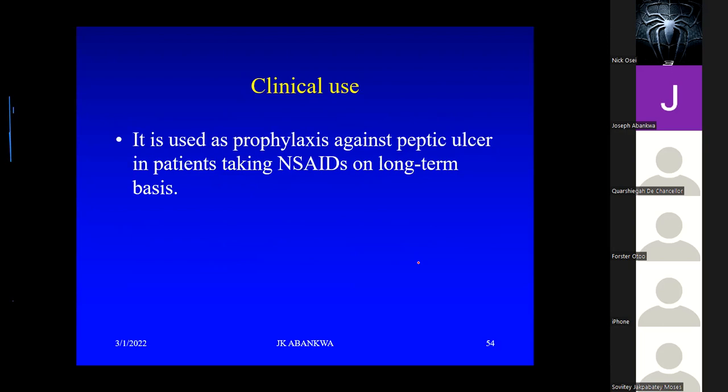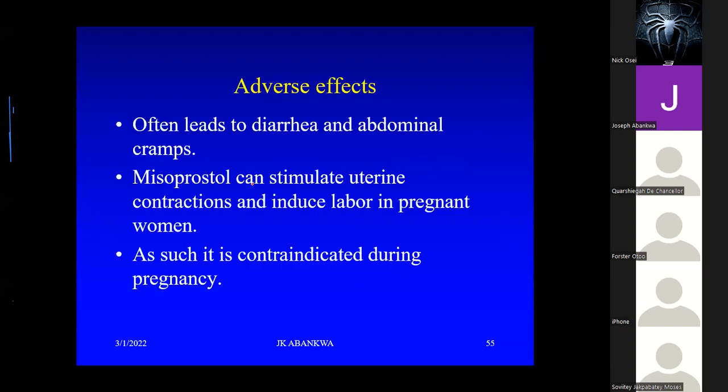Now, it is used as prophylaxis against peptic ulcer in patients taking NSAIDs on a long-term basis. The adverse effects include diarrhea and abdominal cramps.